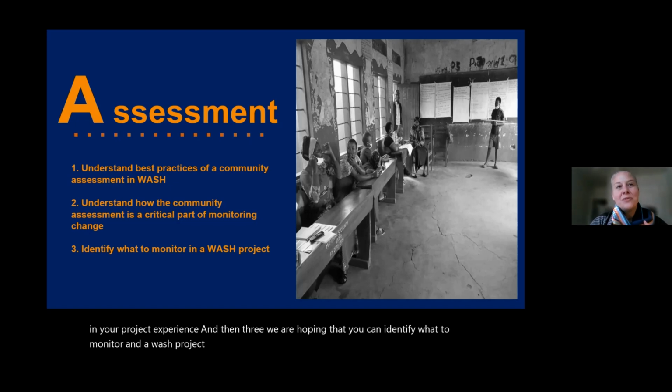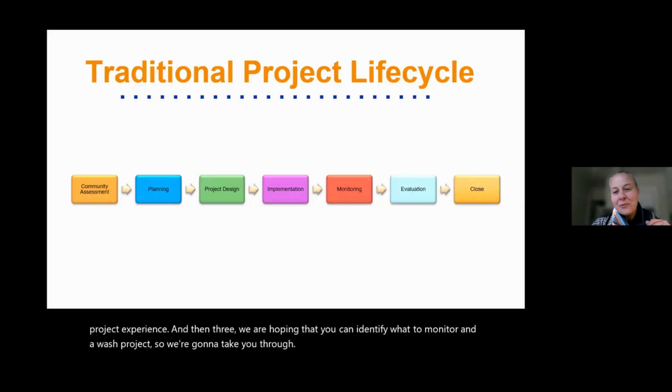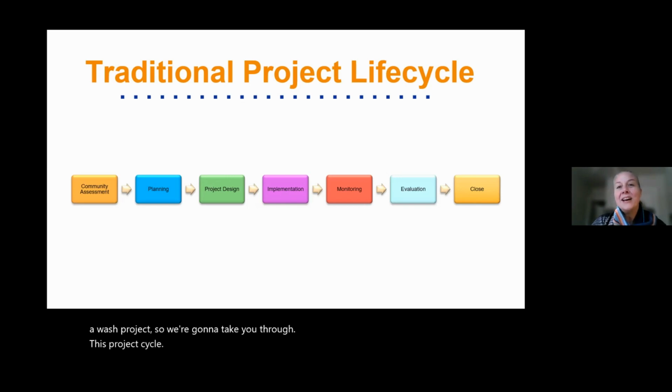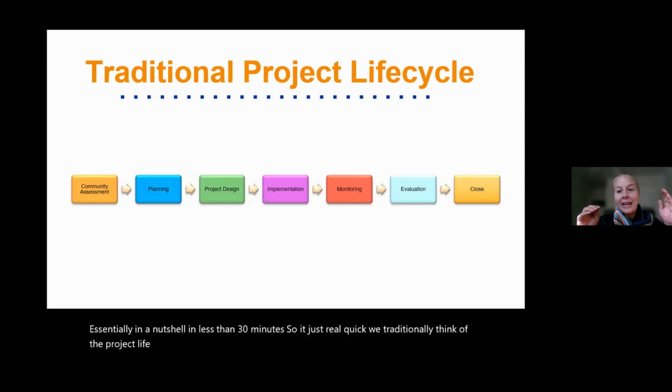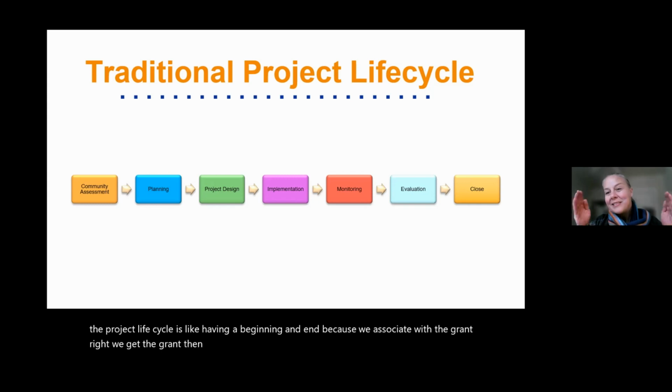So we're going to take you through this project cycle, essentially, in a nutshell, in less than 30 minutes. We traditionally think of the project life cycle as having a beginning and an end because we associate it with the grant, right? We get the grant, then it closes with some sort of money or reporting that has to happen.